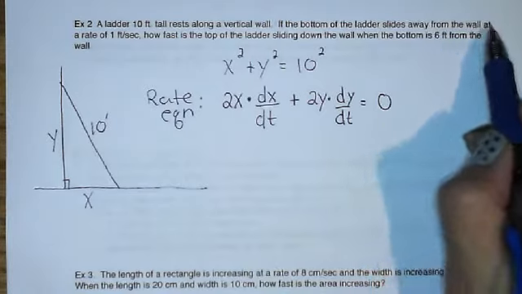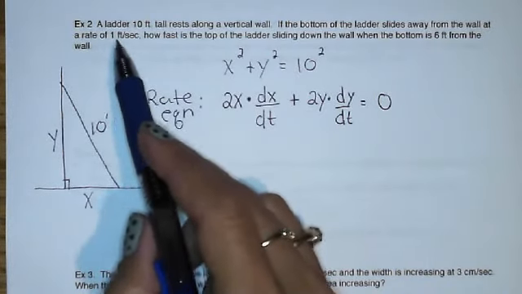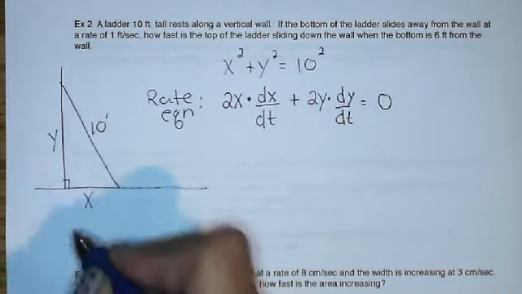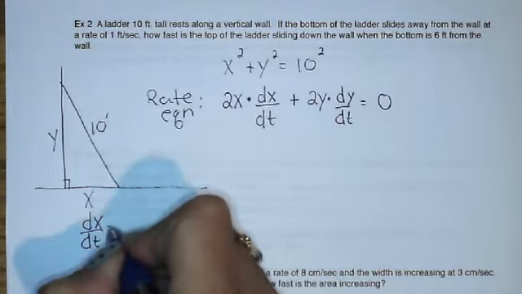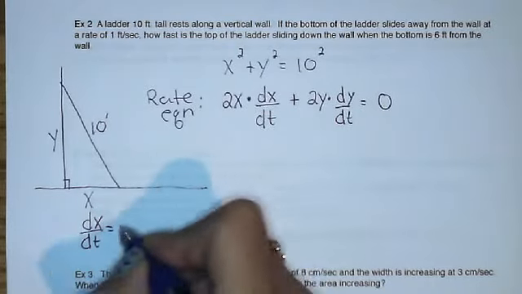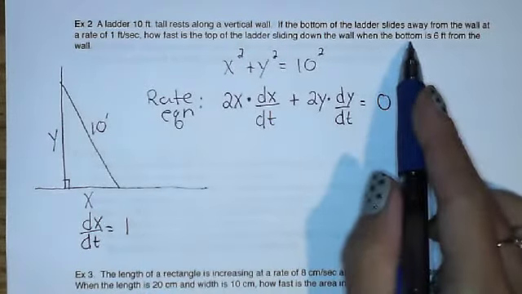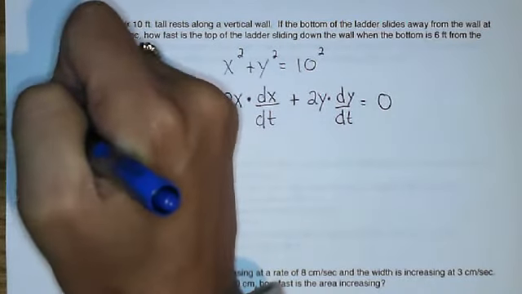So now let's substitute and see what we're trying to solve for. It says if the bottom of the ladder slides away from the wall at a rate of 1 foot per second. So this is a derivative, it's a rate, and it's the rate that x is changing. So the dx dt is 1 foot per second.